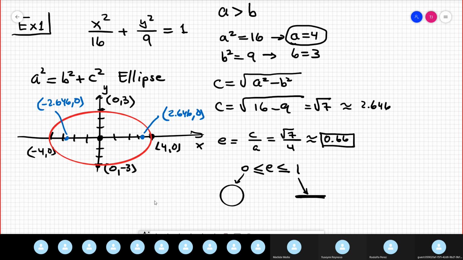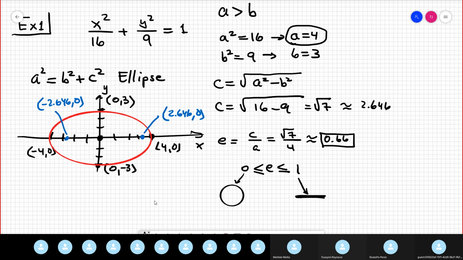Example 2: 25 x squared plus 9 y squared equal 225. Don't expect, in the test, that I give you the nice conic section. I give it in a different way and you manipulate it in order to put it in standard form. The standard is when the right hand side is 1.